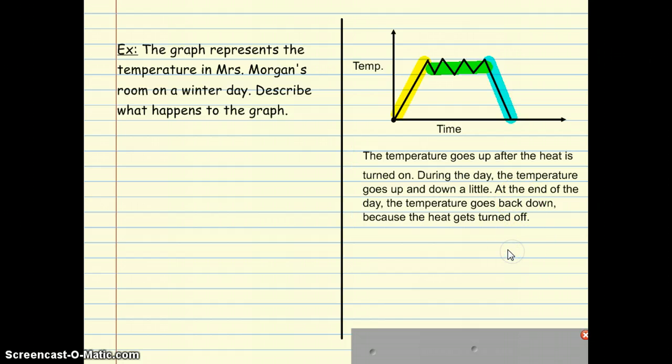And that is Chapter 1, Section 6, Relations.